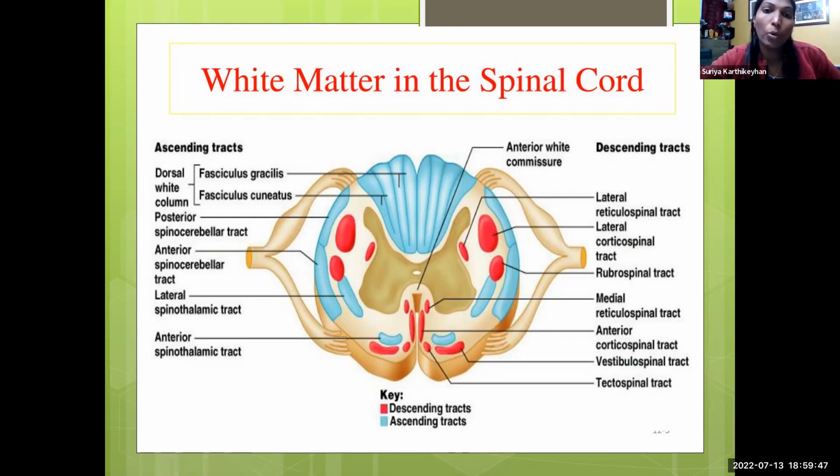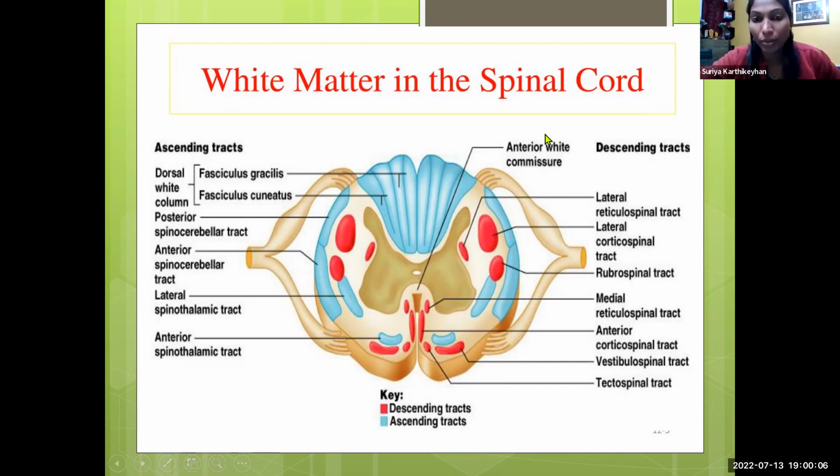Motor information is carried from the cerebral cortex through the descending tracts to the spinal cord, and from here it goes to the periphery. So descending tracts carry the information from center to periphery, whereas ascending tracts carry it from periphery to the center.